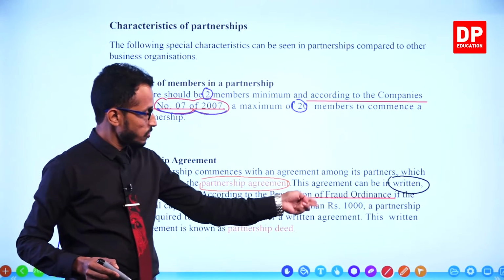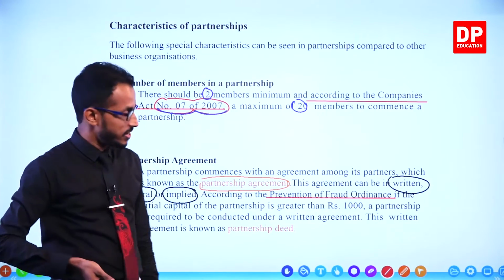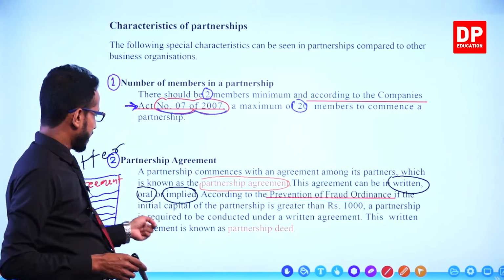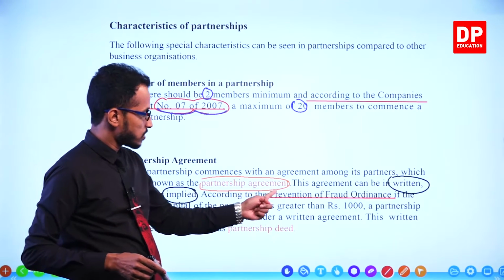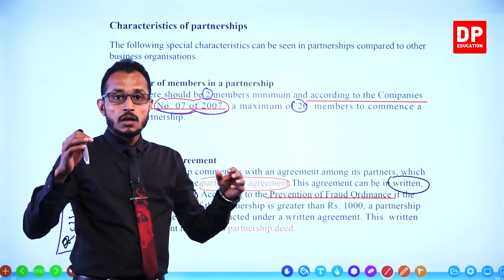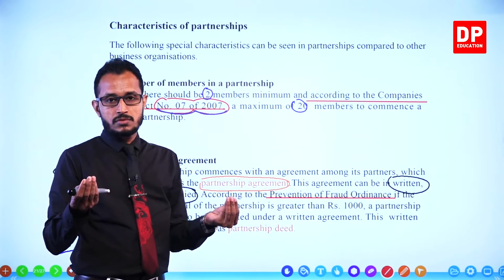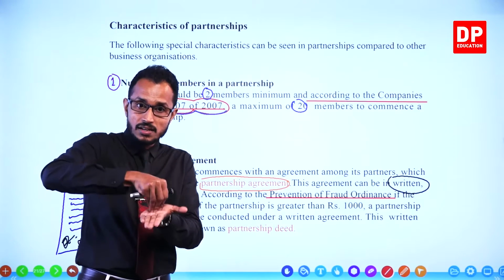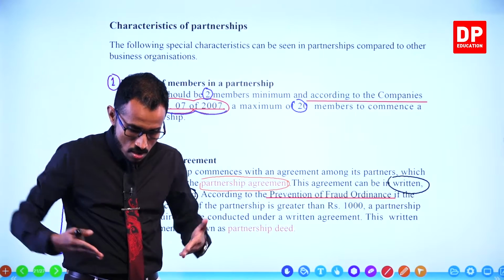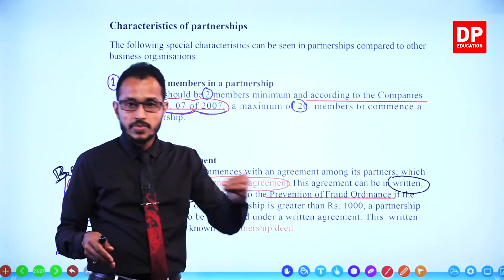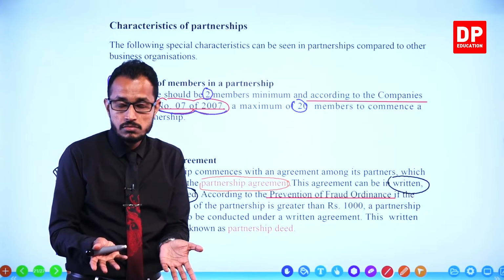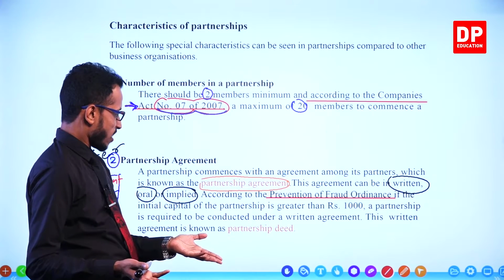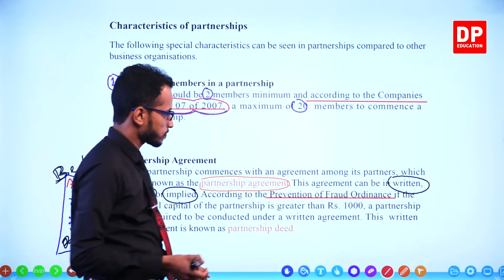If the initial capital of the partnership is greater than 1,000. What does that mean? If the initial capital put in by the partners to start the business is more than 1,000, the partnership must have a written agreement.